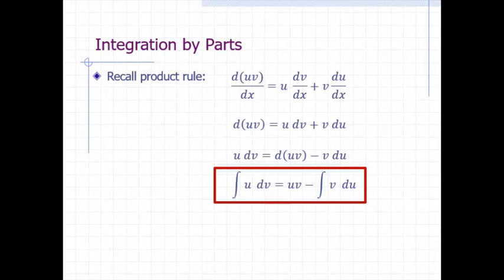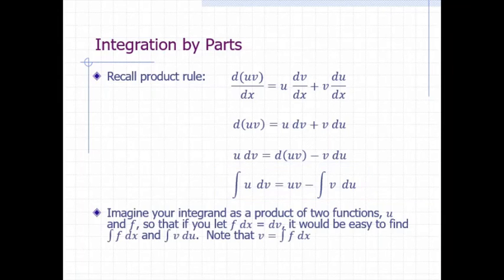You can use this identity if you can imagine the integrand as a product of two functions u and f, so that if you let f dx equal dv, it would be easy to find the integrals of f dx and v du. Note that the integral of f dx is v.